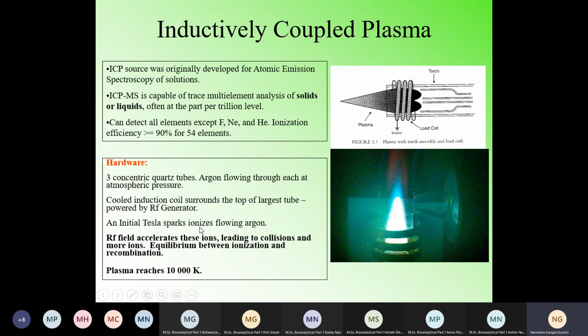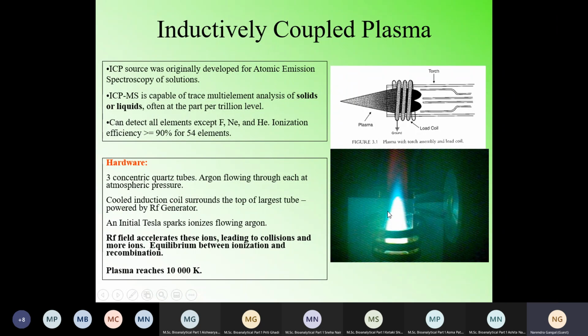Because of this, you will find a flame-type material. This is basically the argon torch, whereby you can see the ICP, the inductively coupled source. This is typically a plasma.